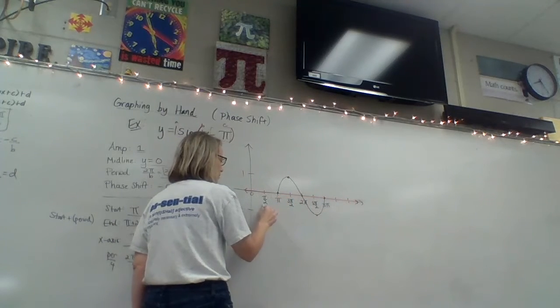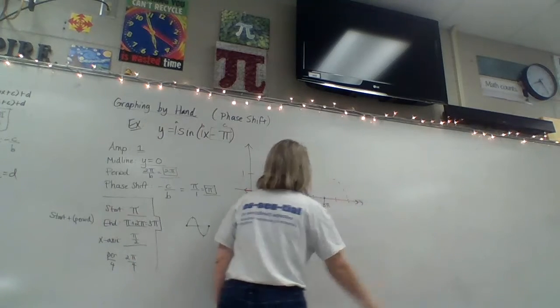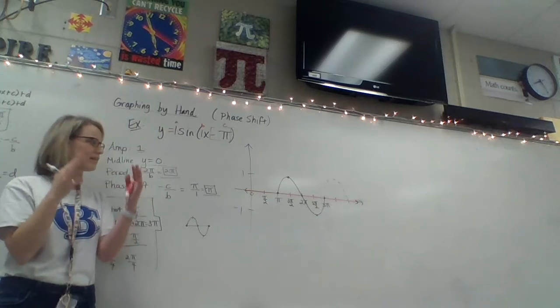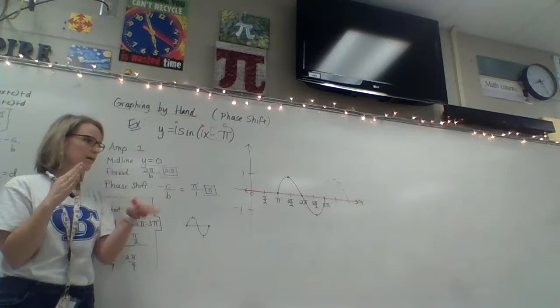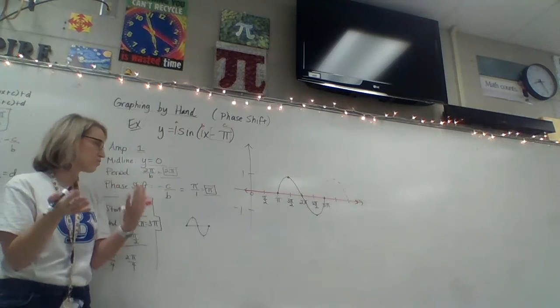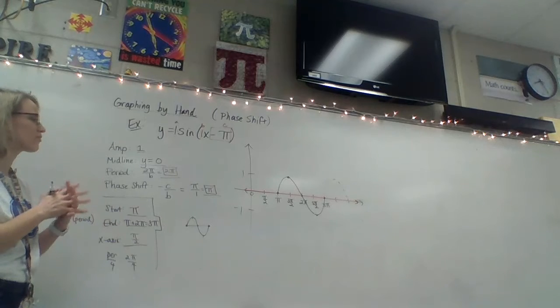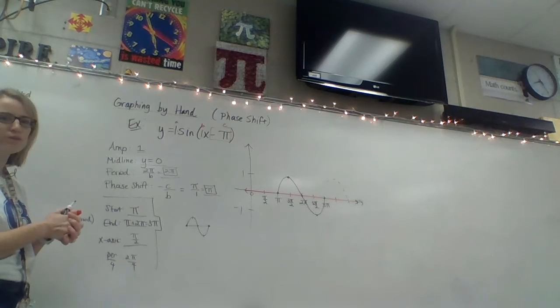Technically, it would keep going forever this way, and forever this way. Alright, but all I want to do is see that one little piece of it where the cycle starts at pi and ends at 3 pi. And to me, that's showing me that you knew exactly how, basing everything from the origin, where everything was going. You got a question? You're good?